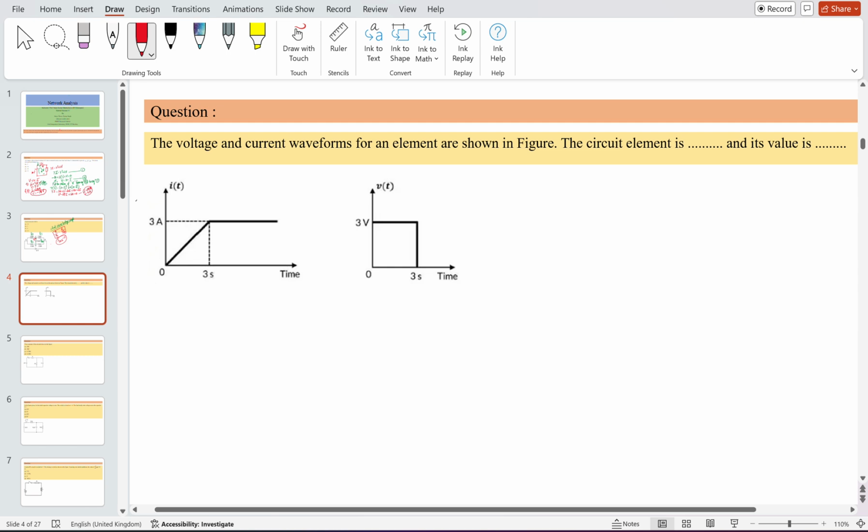Inductor, that's true, but what is its value?